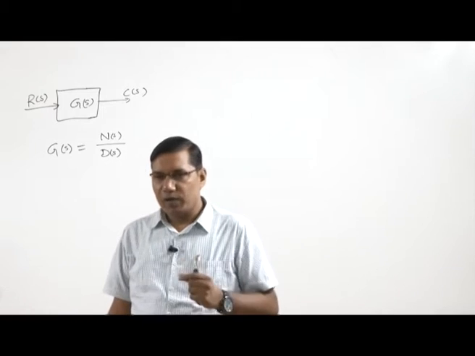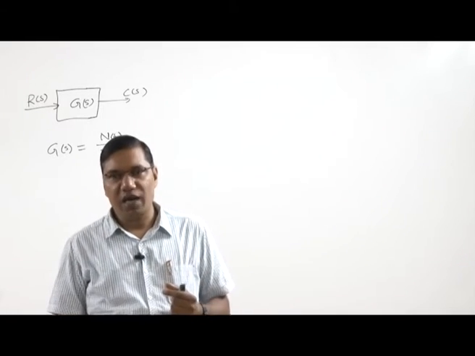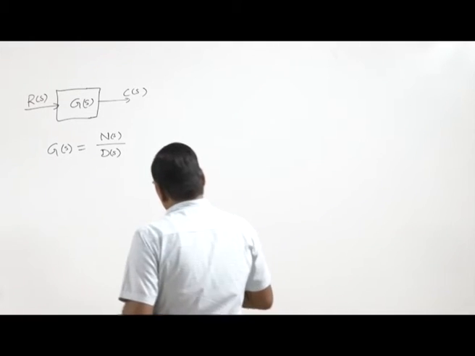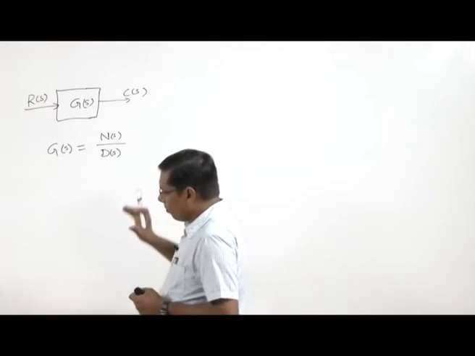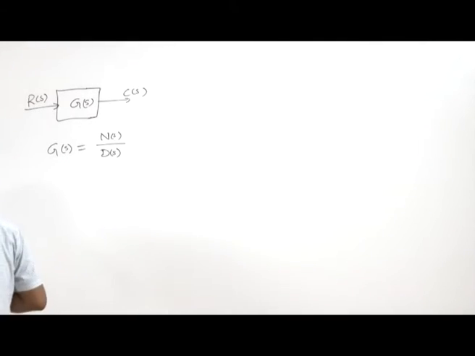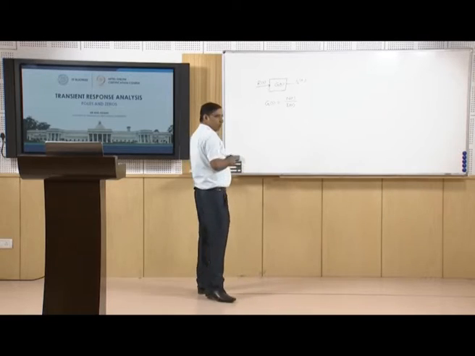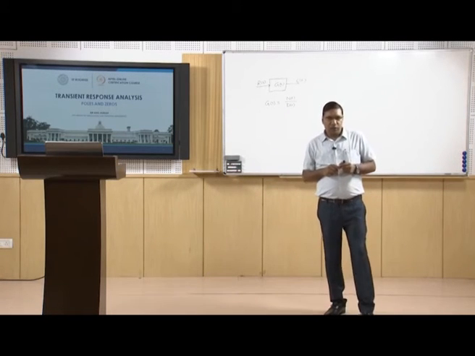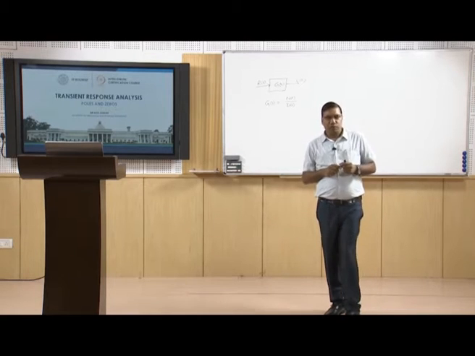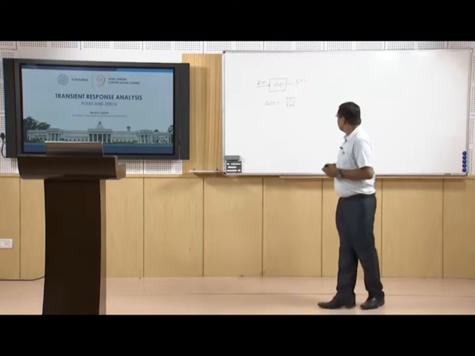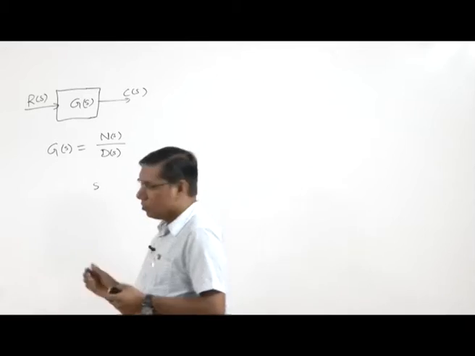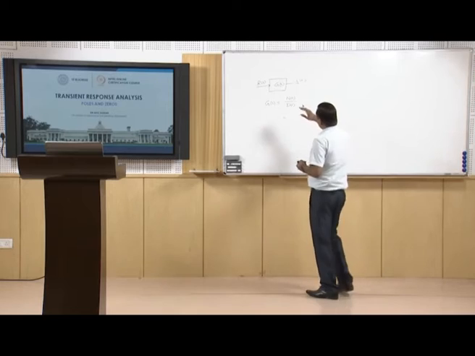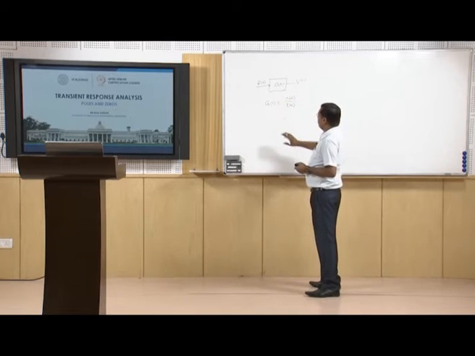So, from the transfer function, how can we get the poles and zeros of a system? Poles of a transfer function are the values of the Laplace transform variable s that cause the transfer function to be infinite.